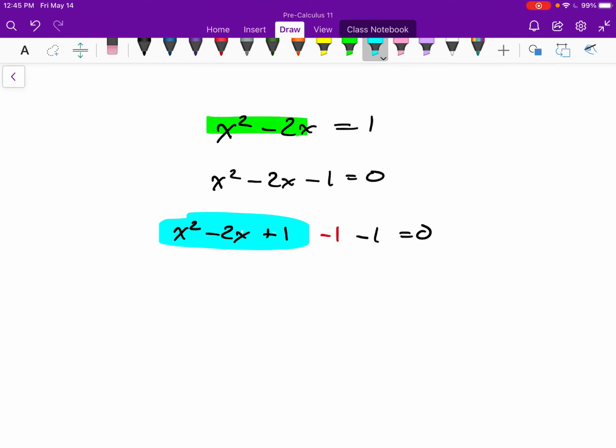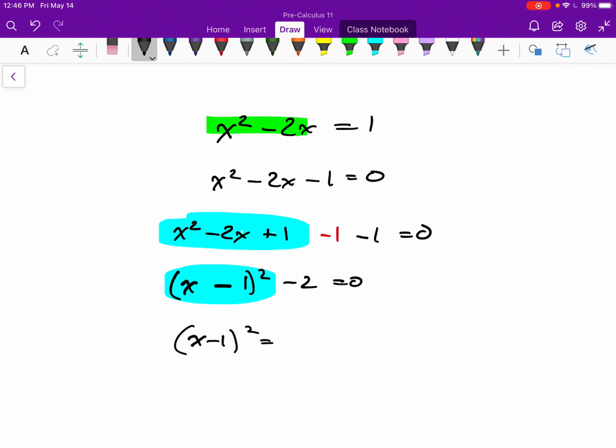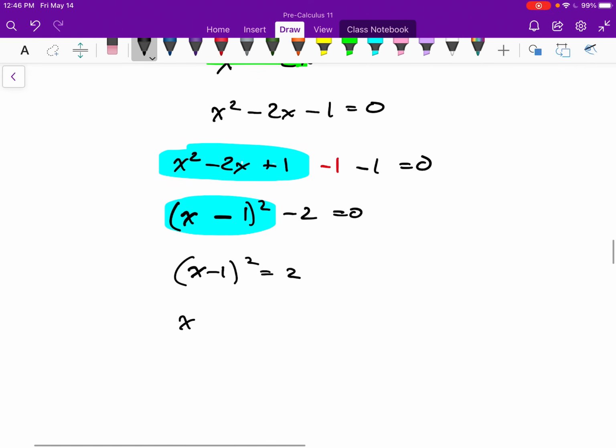Everything you see in blue is a perfect square, so I can write it as x minus 1 all squared, minus 2 equals 0. And now I can add 2 to both sides. x minus 1 all squared equals 2. Square root both sides. x minus 1 equals plus or minus the square root of 2. And add 1 to both sides. x equals 1 plus or minus root 2.